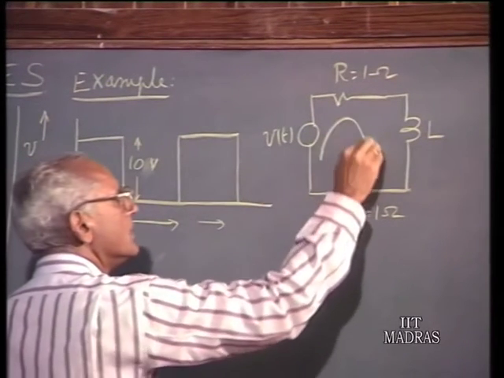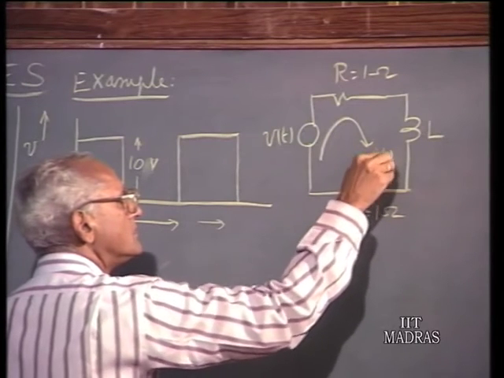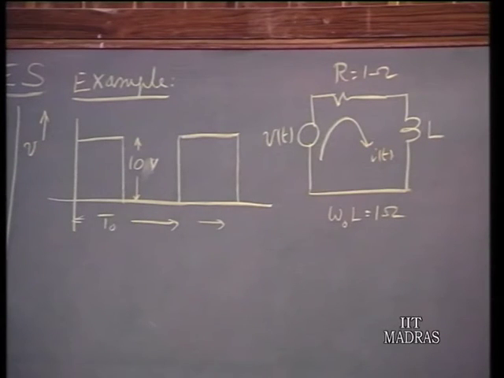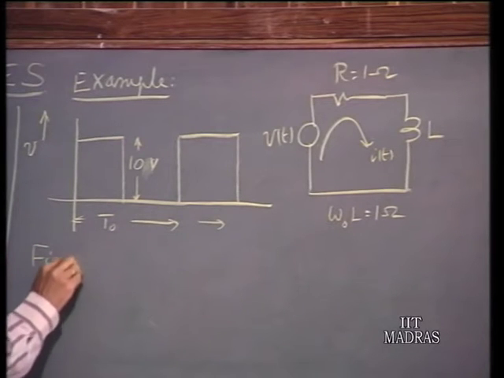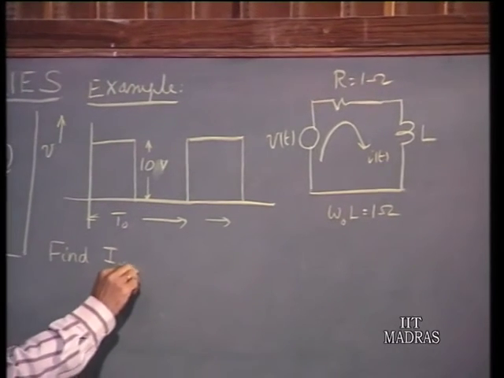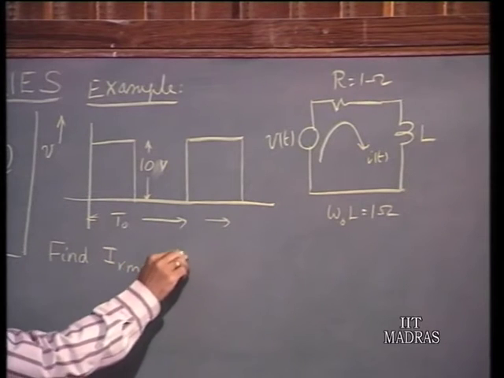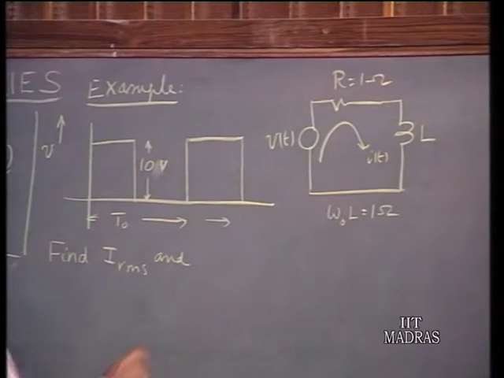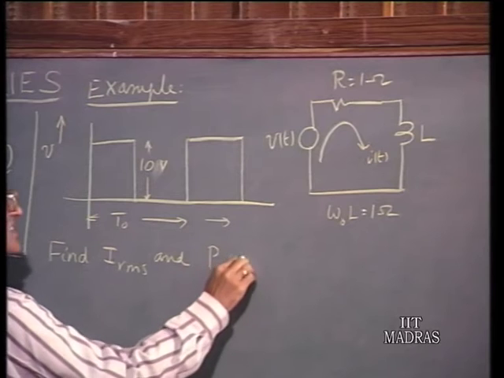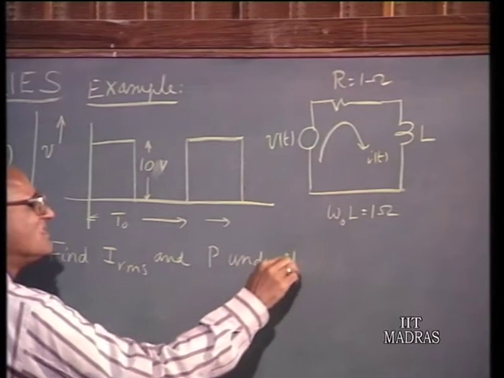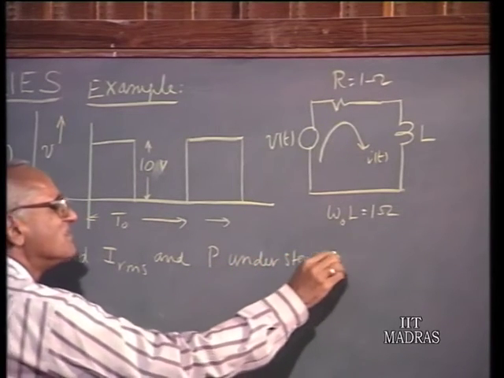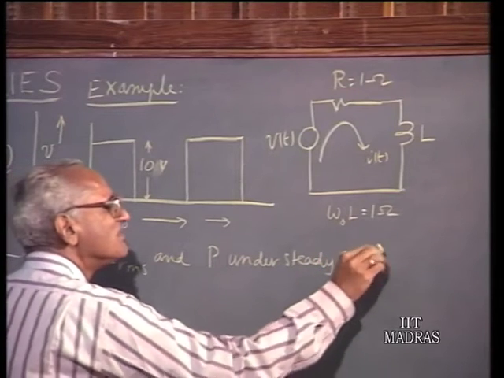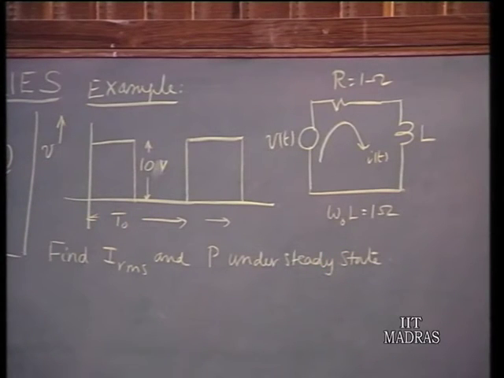We have naturally a current I of t. The question that will be asked is, find IRMS and the power under steady state. So this is the question that has been asked.